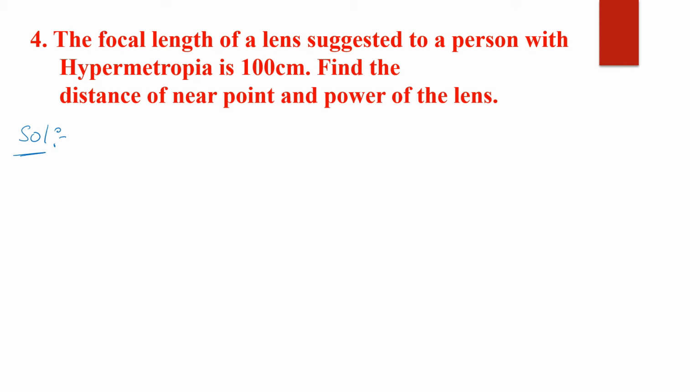Given f, that is the focal length of the lens, is 100 centimeters, and let the distance of near point be d centimeters. We have to calculate the distance of near point.